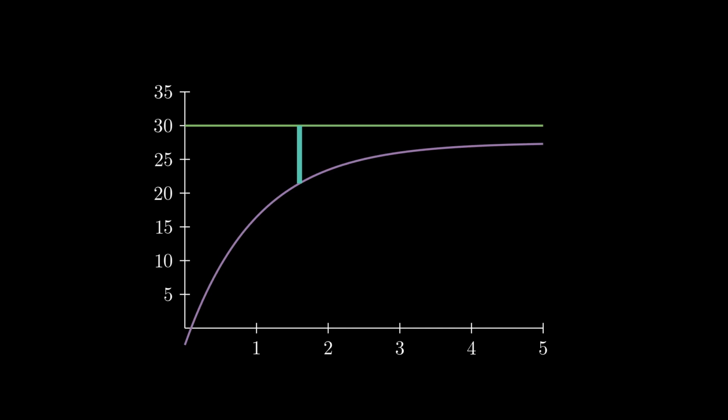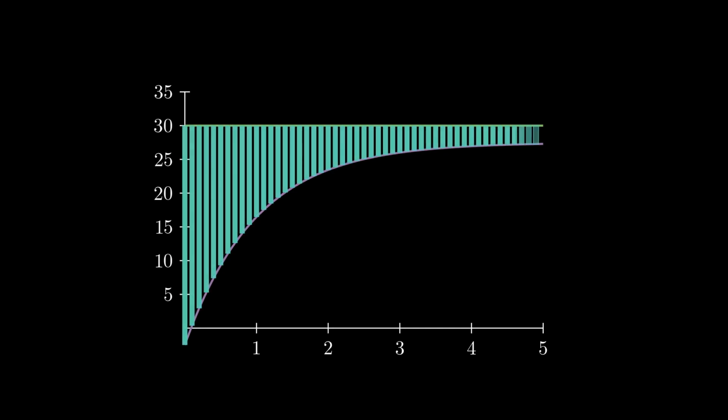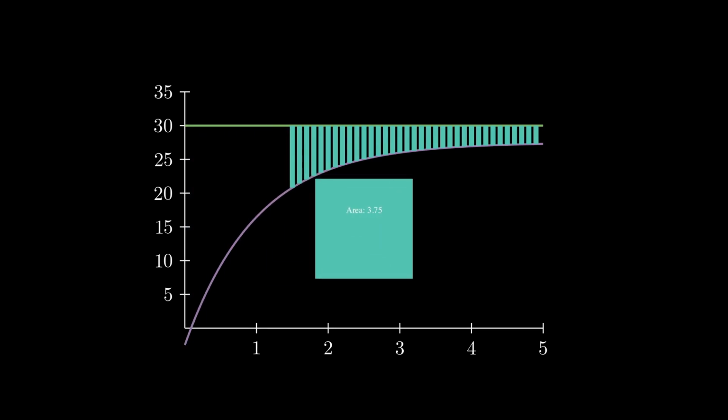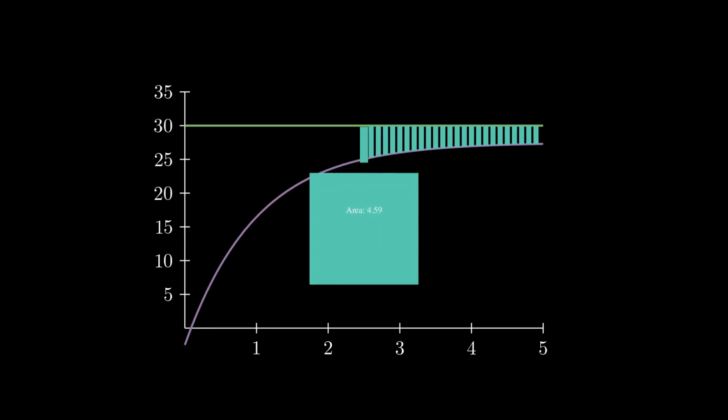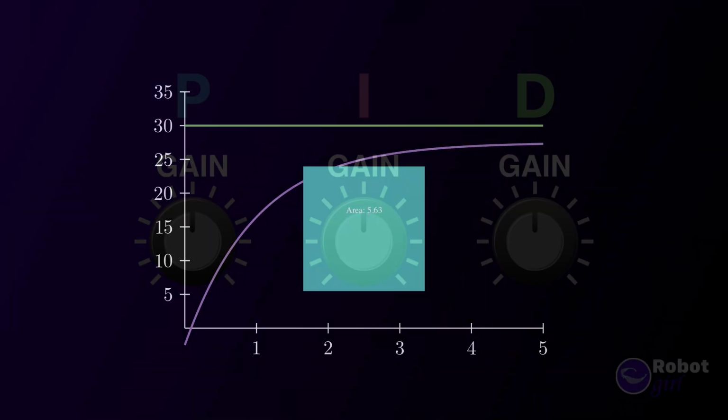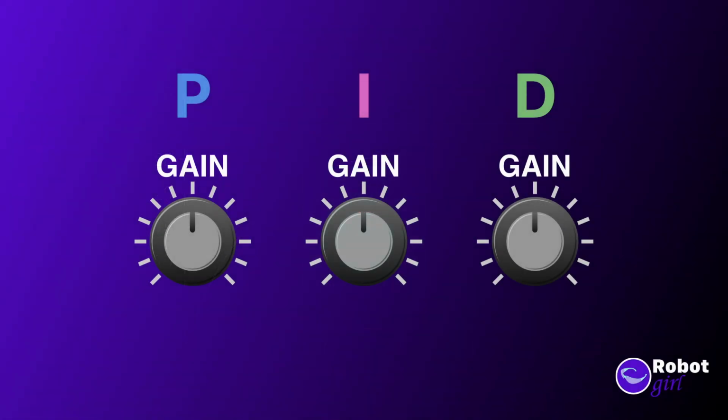Cool, now what do we do with this? Well, imagine we take all of these rectangles and add them all up. What we now have is a number that represents how far off we've been in the past. Obviously, it can get pretty large, but if we only turn the I knob just a little bit, when the error piles up, it'll serve to nudge the robot enough to get rid of the steady-state error.